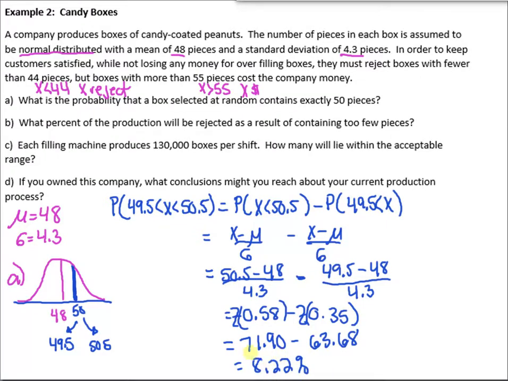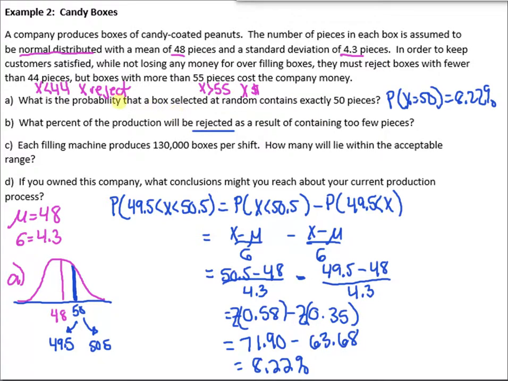So there is an 8.22% chance that you will get exactly 50 pieces. The probability that X equals 50 is 8.22%.